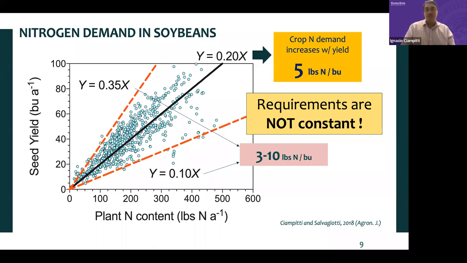In many of these scenarios, the plant tends to dilute nitrogen, and sometimes it tends to accumulate more nitrogen. So requirements for many nutrients for crop yield are never constant, and we need to understand exactly how these requirements change in different regions and different soils.